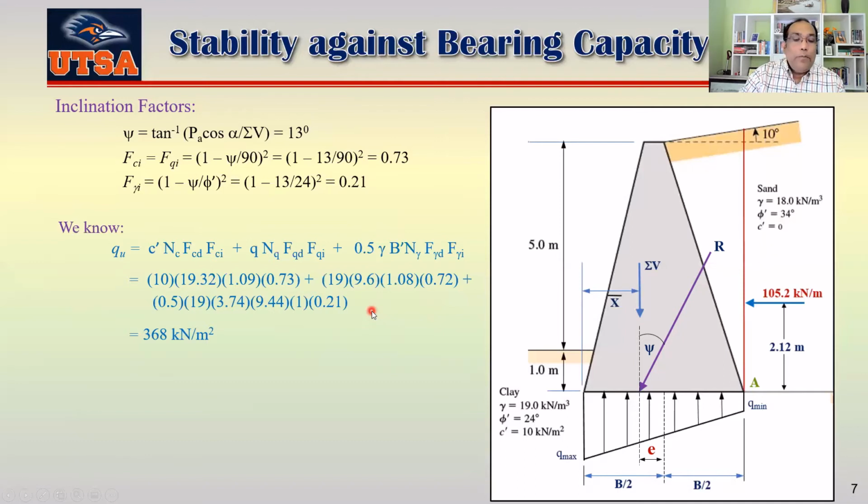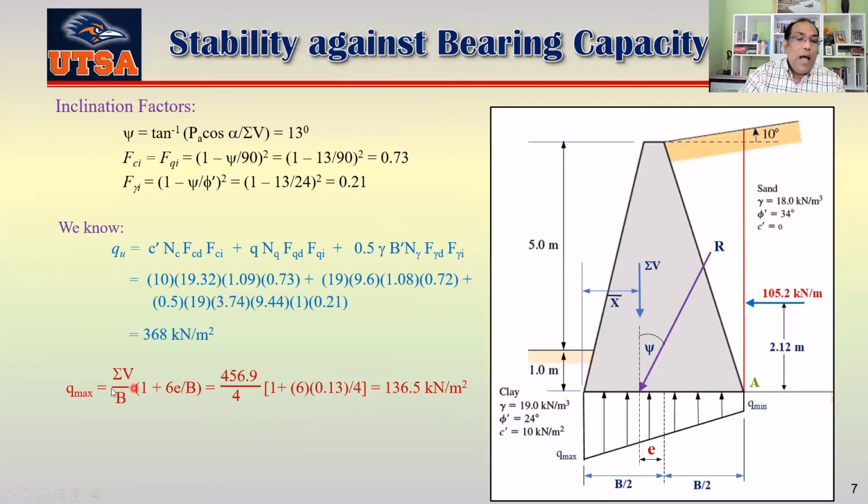Okay, now if you find your Q max, because this is eccentric, the pressure would be maximum here. So we find that pressure, which is the summation of vertical forces divided by B, into 1 plus 6E by B, and we get 136.5 kilonewton per meter square.